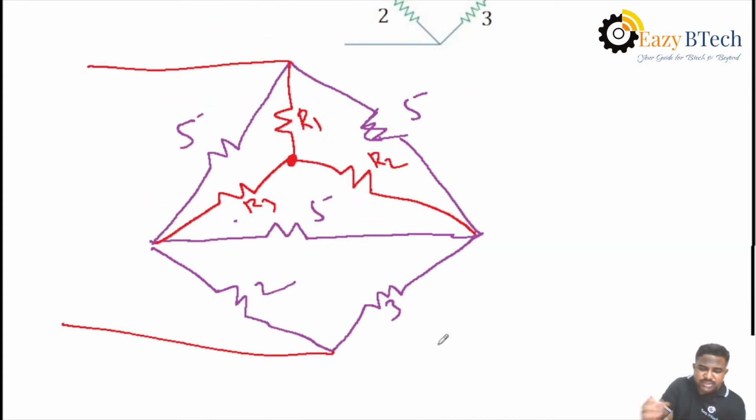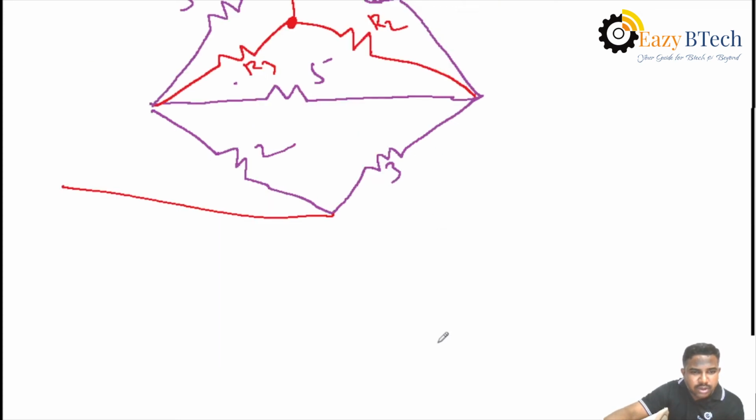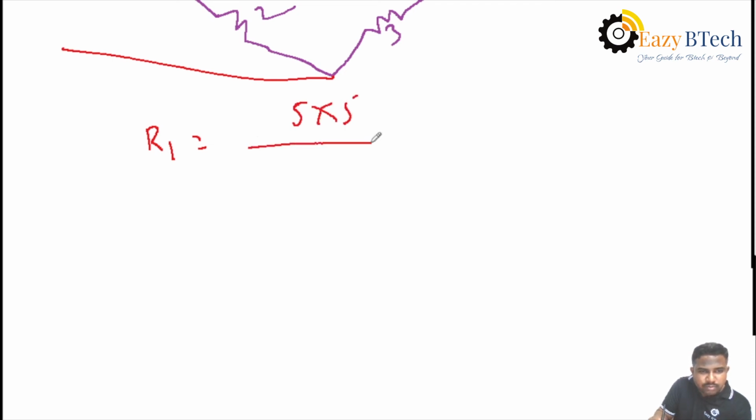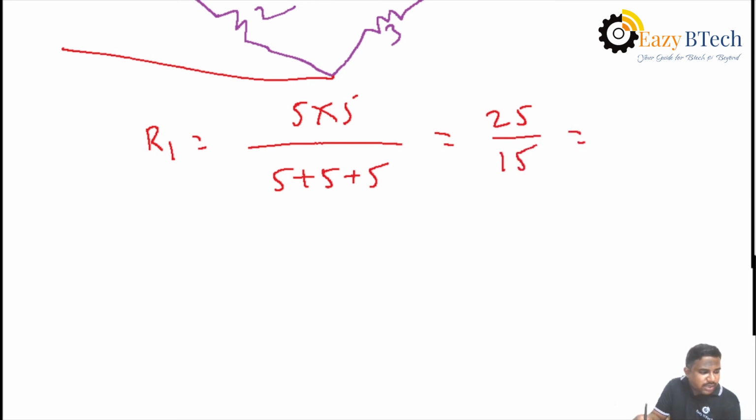Okay, we know the formulas here again. What is the formula for R1? How to find out delta to star? That means R1 is nothing but the side values by the total value. What are the side values here for R1? 5 times 5 by the total value of three elements, 5 plus 5 plus 5, that is 25 by 15. The value is nothing but 1.667 ohms.